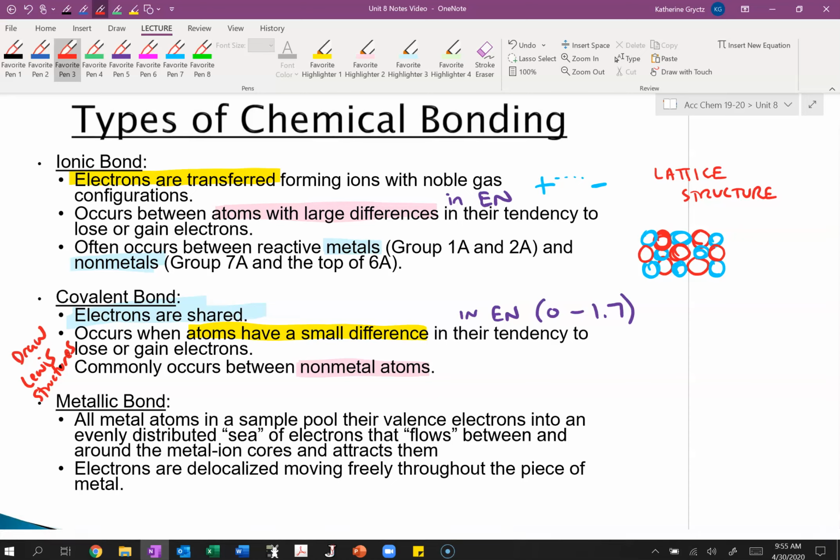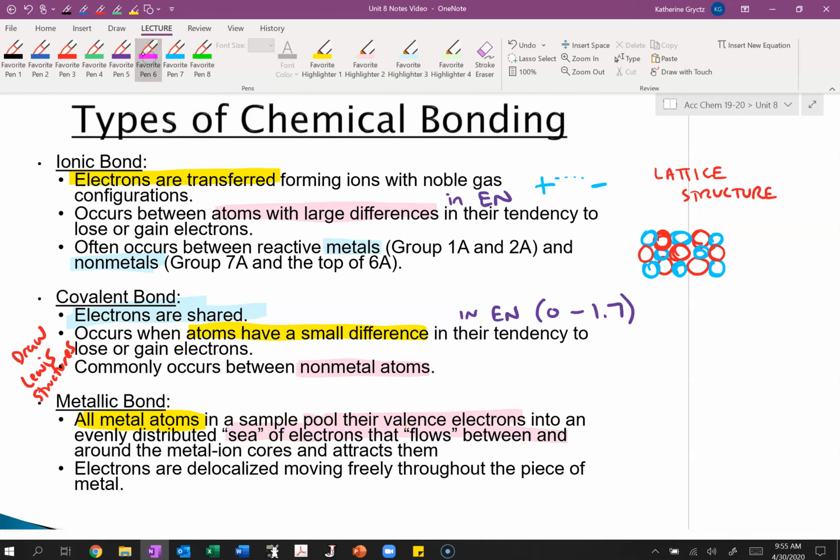The last one we're not going to spend much time on in this unit at all. Metallic bonds are formed when multiple metals get together. It could be the same metal repeatedly, or it could be different metals, but they're all metal atoms. What we say, and there's a lot deeper level to this, is that they all collectively pool their valence electrons into a sea of electrons that's able to flow between them.